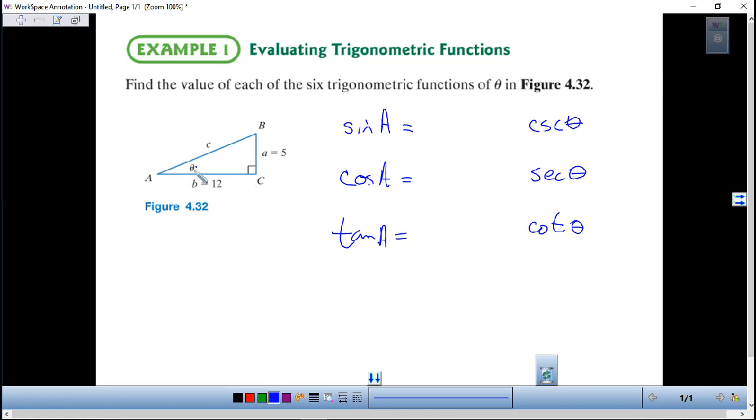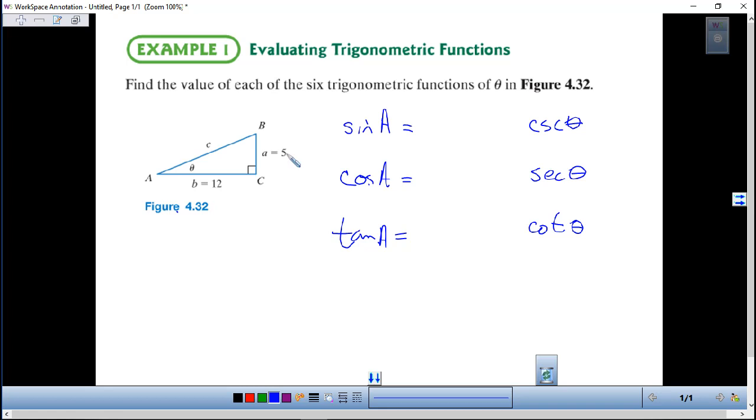But let's say this is not labeled right here, and I wrote theta here. Well, now 12 is the opposite and 5 is the adjacent. So it's always based on what angle you're dealing with. And here we're dealing with angle A. So sine A is opposite over hypotenuse.